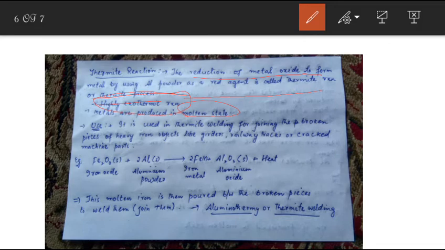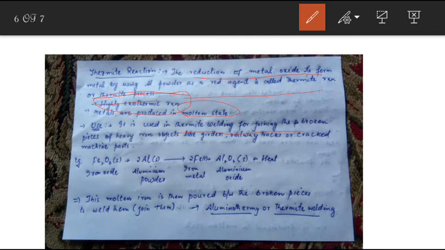There are a large number of uses of the thermite reaction. First, it is used in thermite welding for joining the broken pieces of heavy iron objects like girders, railway tracks, or cracked machine parts. You must have noticed it.